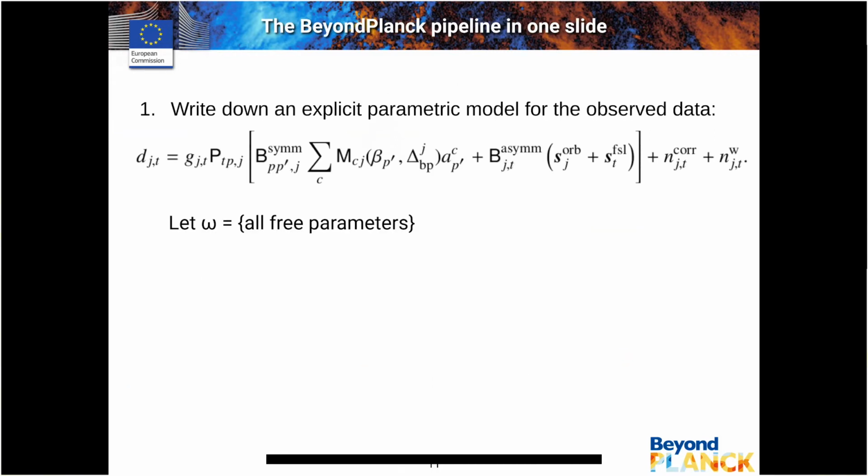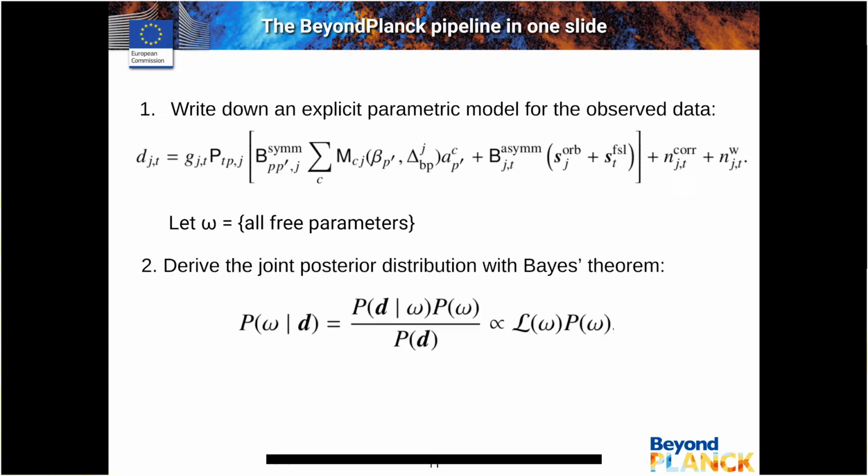So here's our pipeline in a single slide. So BeyondPlanck takes a Bayesian approach to this whole process. And so the first step of a Bayesian approach is, of course, to write down a parametric model for your data, which you can see here. And we'll go in a minute into detail about what all of these parameters mean. But in general, then what you do is you take omega, which you let be the set of all parameters.